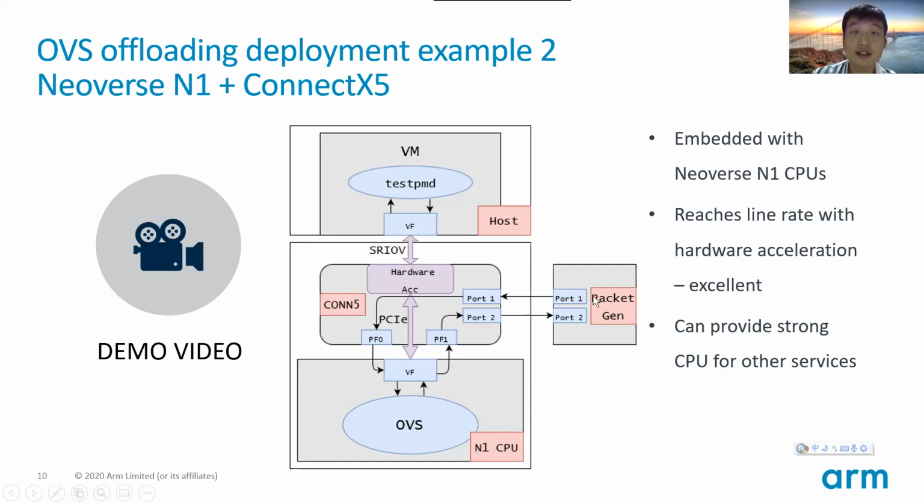As you can see, the topology for this demo is quite similar to the previous one. The difference is that in this demo we will use a hardware acceleration function in a SmartNIC. Okay, let's see the demo video.